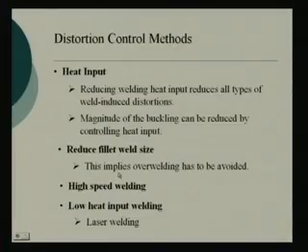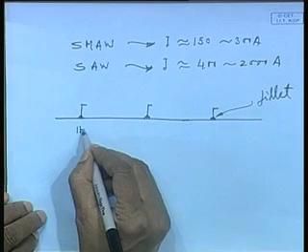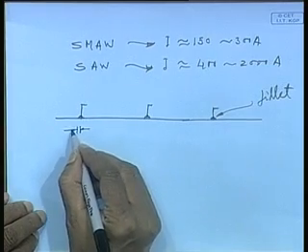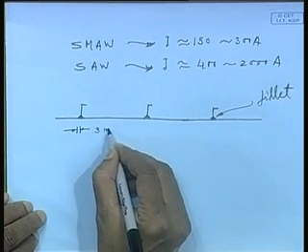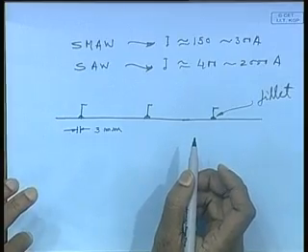That is why we said that over welding has to be avoided. Like I was telling, if the leg length needed is say 3 millimeter, you will have to set the welding procedure such that only 3 millimeter deposition is done.